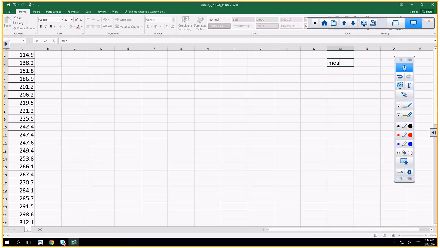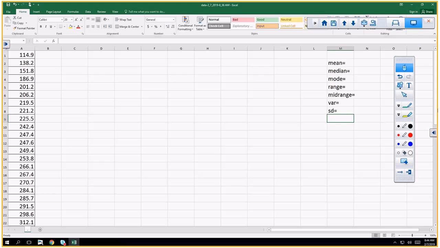Mean, median, mode, range, mid-range, variance, and standard deviation. And you notice I told you to get out your calculators. This is a calculator problem.